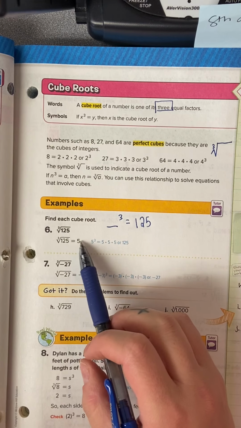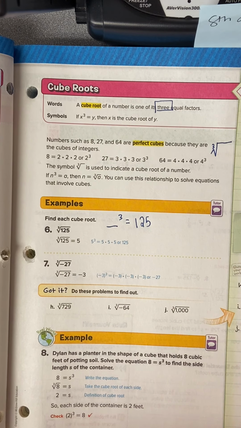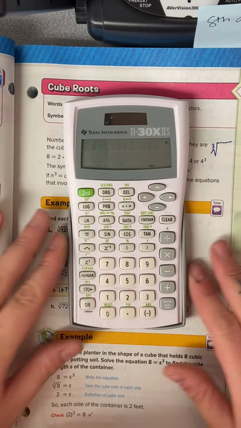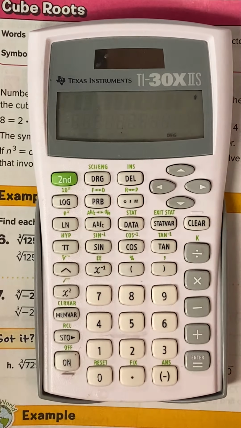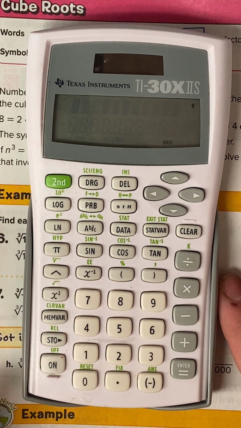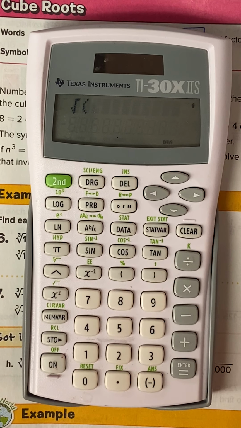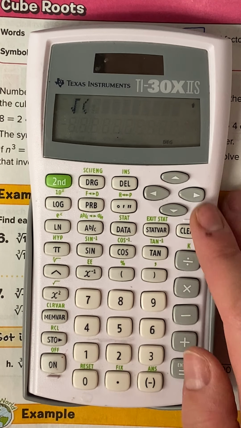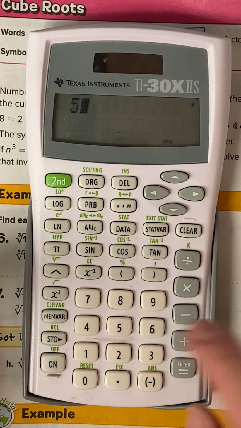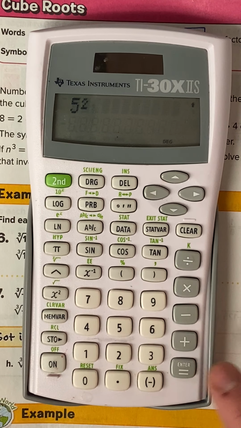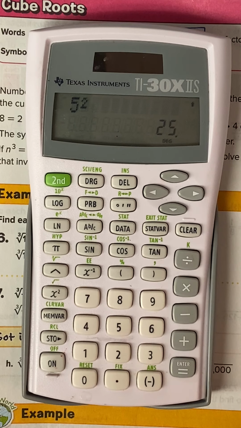I can see here that the answer would be 5. But by using your calculator, I'm going to zoom in for you so you can see very well. When we find the square root, we do second and then this x to the second power. So if I press this just once, 5 squared equals 25.